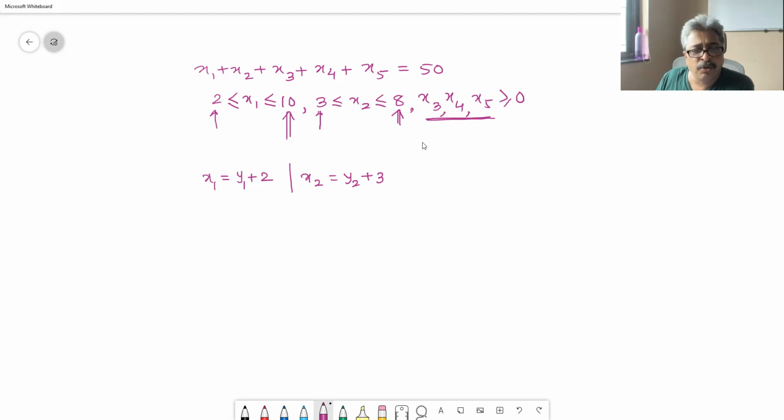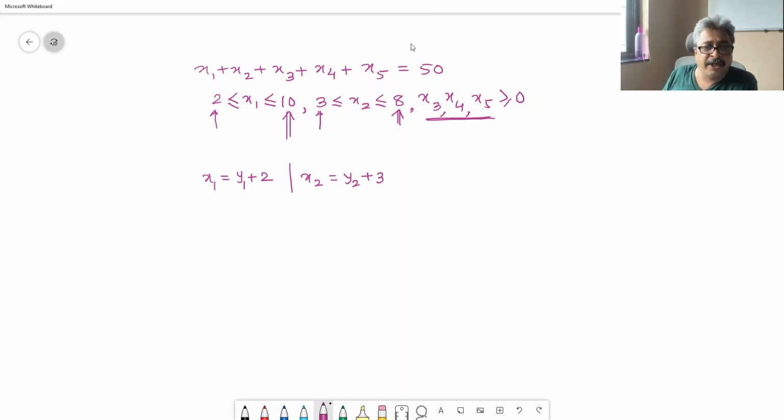That means you put 2 ice creams in the basket of flavor 1, put 3 ice creams in the basket of flavor 2, and then solve the problem. Because those 5 ice creams you are anyway supposed to buy. You are anyway supposed to start from 2. So those two lower bounds can be handled like this.